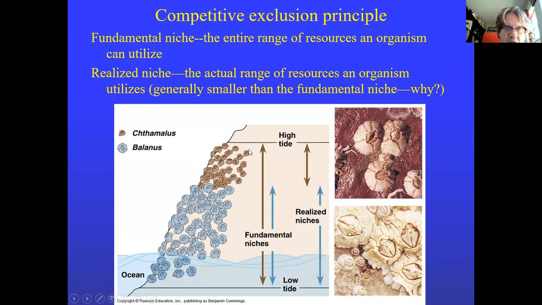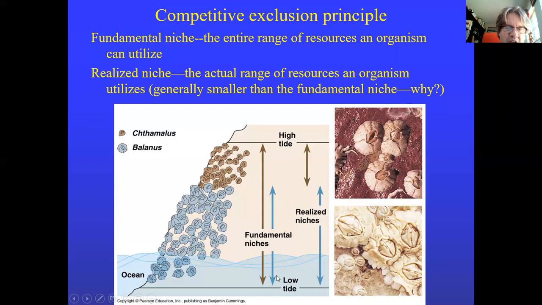Thamylus by itself on rocks, it will grow through this whole range, right? And that'd be an indication of its fundamental niche, right? And of course, if you put Balanus on its own on a rock, it'll grow through this range, through this area, right?